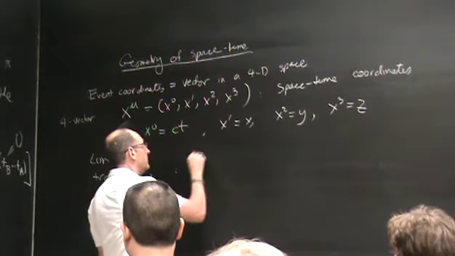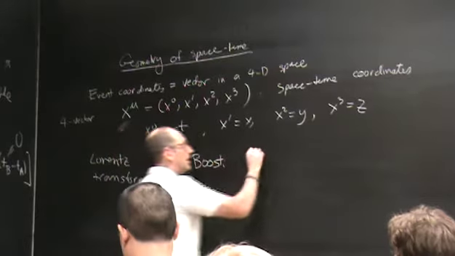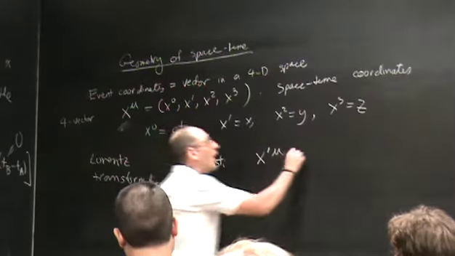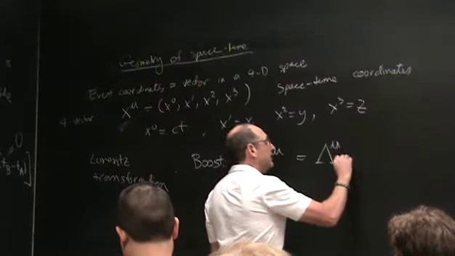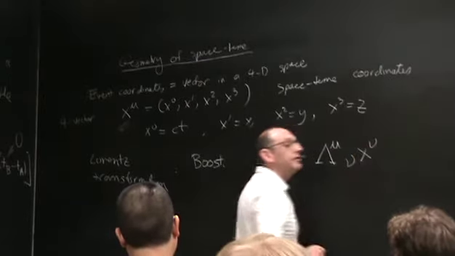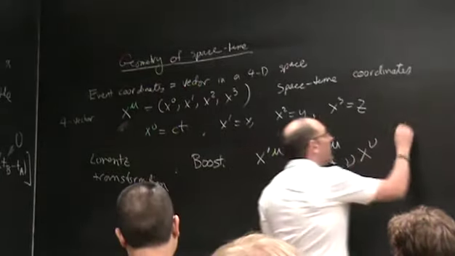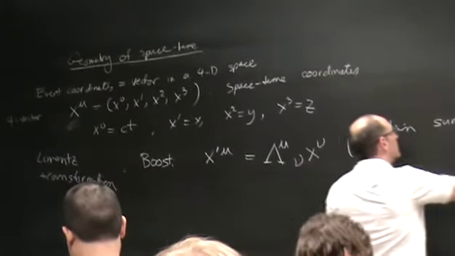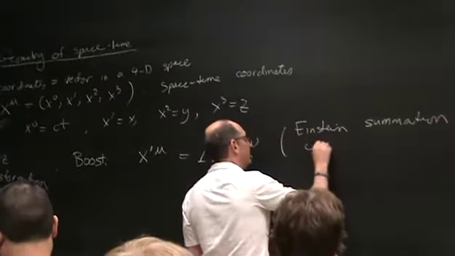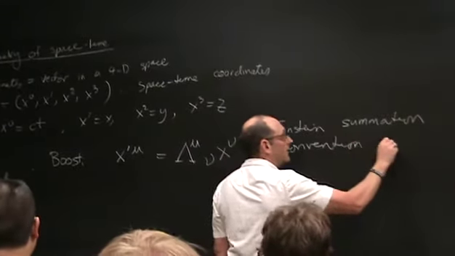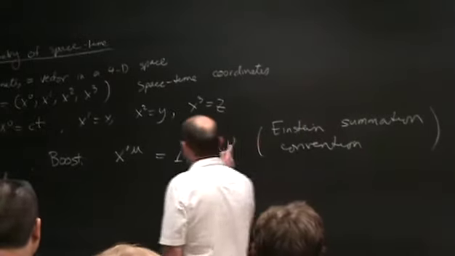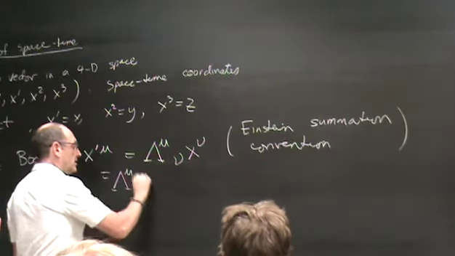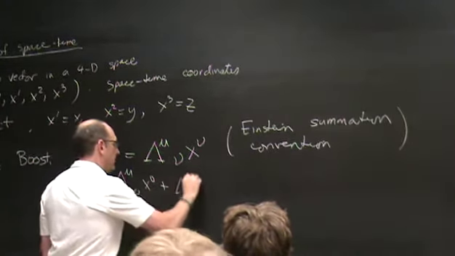So if I do a boost, then the coordinates in the boosted reference frame are related to the coordinates in the unboosted frame through a matrix transformation using the lovely Einstein summation convention, where repeated indices are summed from 0 to 3.